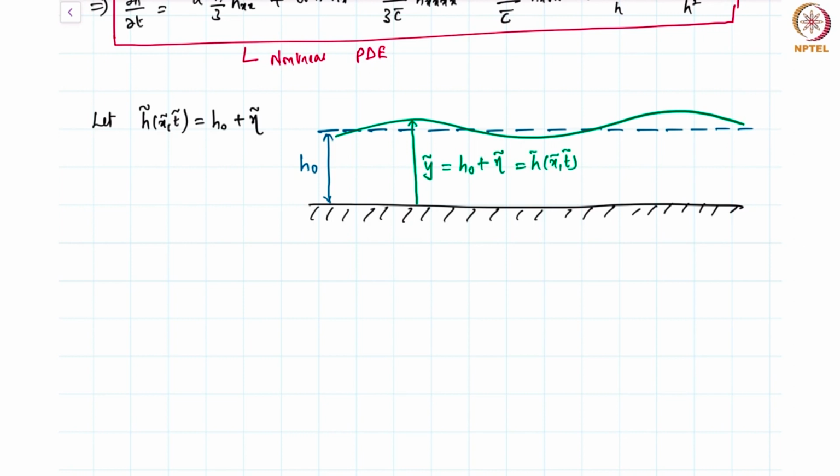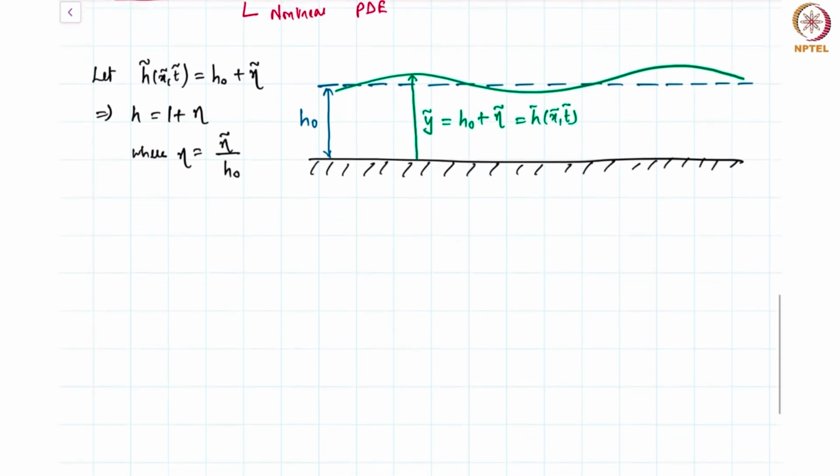Remember, h0 is the height and it's a dimensional quantity, and therefore the non-dimensional height, which is h tilde by h0, would simply be 1 plus eta, where eta is defined as eta tilde by h0. This is the non-dimensional deviation, right? So in other words, this quantity that I'm showing here, this is eta tilde.